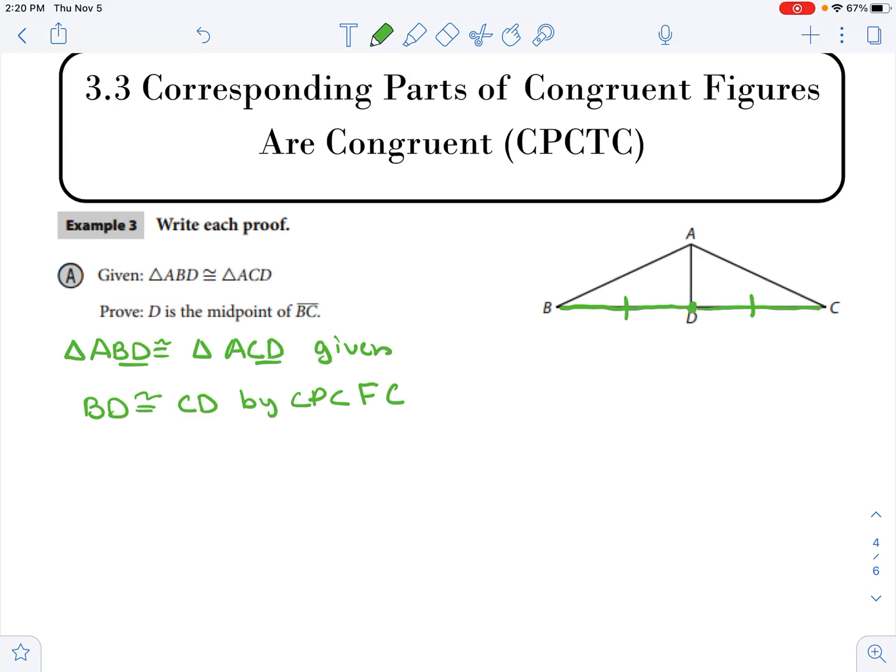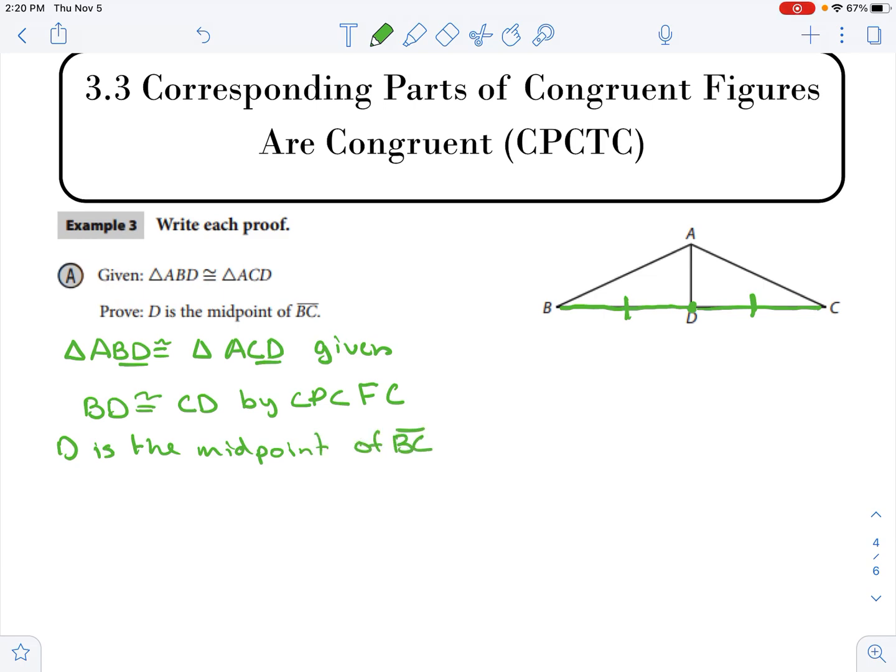All right, so now I just showed that these are congruent. Well, okay, now we know D is the midpoint of BC.